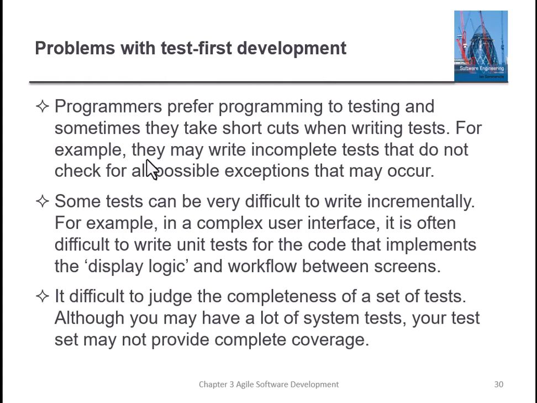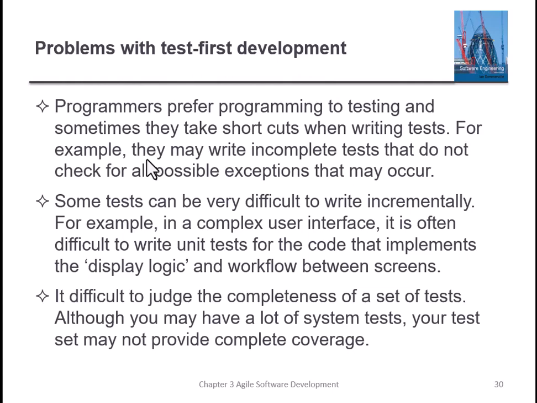Now, problems with test first development. Programmers prefer programming to testing, and sometimes they take shortcuts when writing tests. For example, they may write incomplete tests that do not check for all the exceptions that may occur. Some tests can be very difficult to write incrementally.